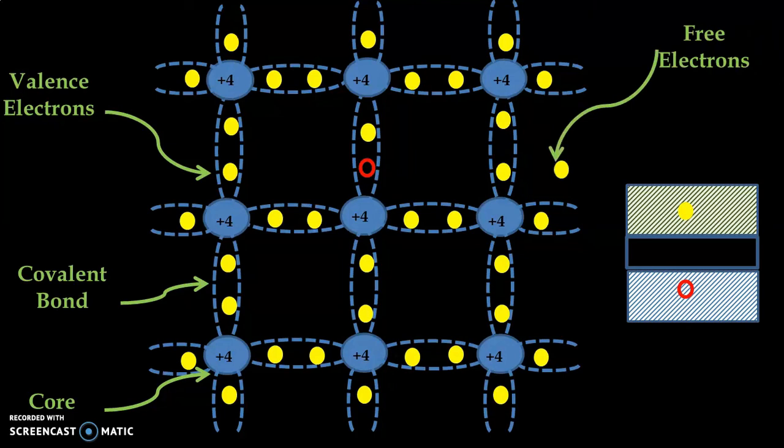So these are known as free electrons, and the position that becomes vacant is known as a hole in the covalent bond. If temperature increases, then some more covalent bonds are broken, some more valence electrons become free, travel to the conduction band and act as free electrons in the conduction band.